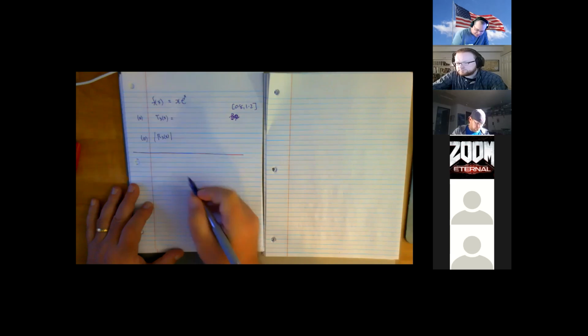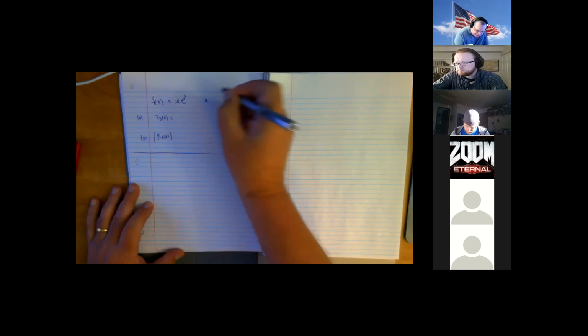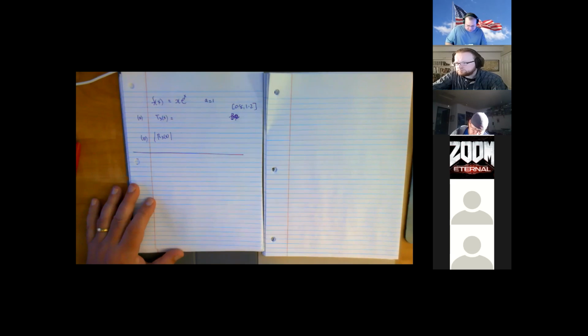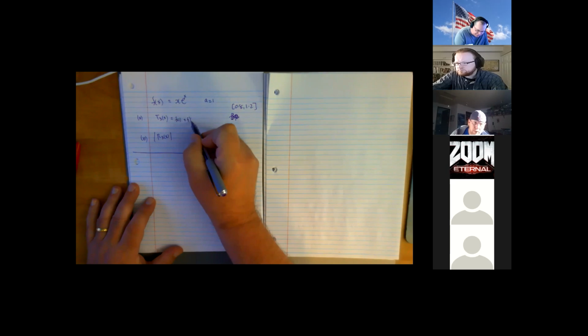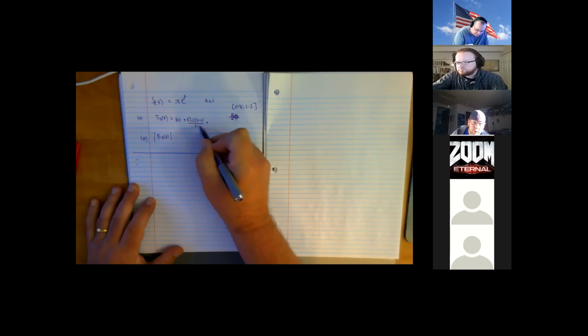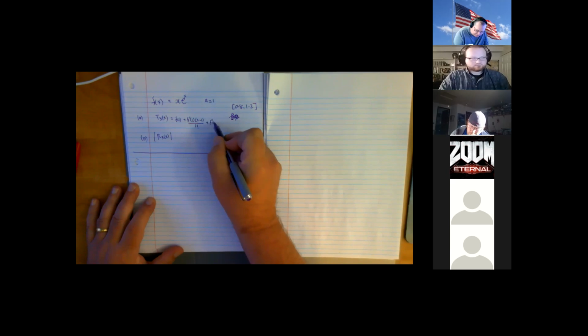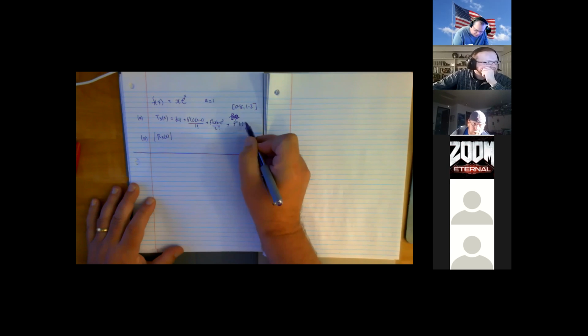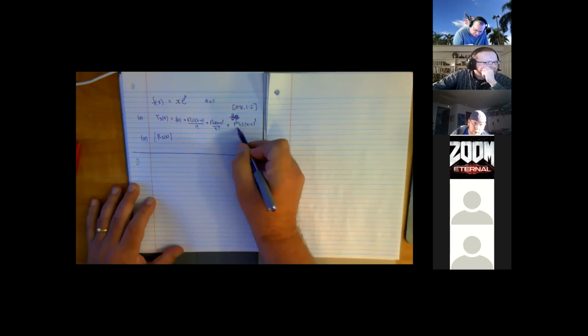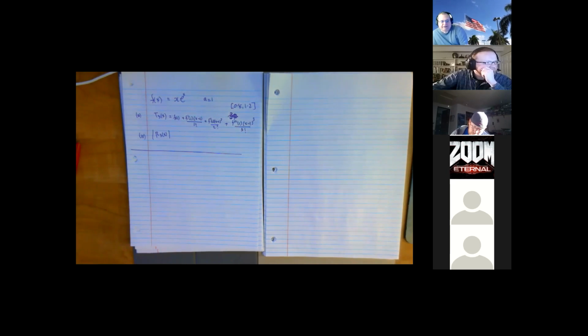T3 of x, let's have this fella centered at 1, just to be different, is going to be f of 1, plus f dashed of 1 times x minus 1 to the power of 1 over 1 factorial, then the second derivative at 1, x minus 1 squared over 2 factorial, plus the third derivative at 1, x minus 1 cubed over 3 factorial. And in general, that's what all T3 of x's look like.